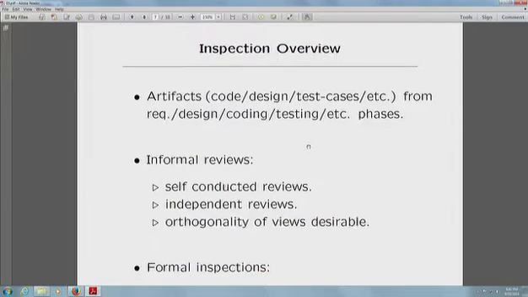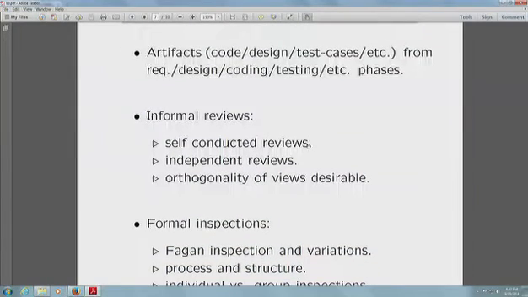It ranges from very informal review to very formal inspections. Essentially, if you have a software product, whatever is tangible, we will be able to examine it and try to find problems.